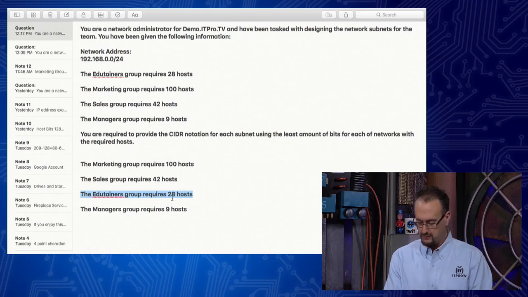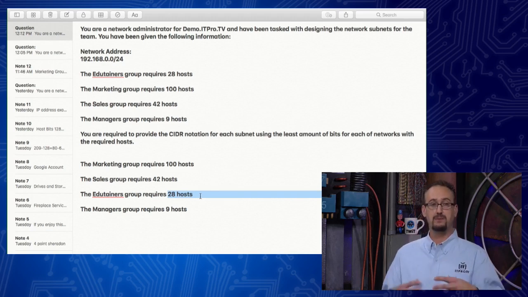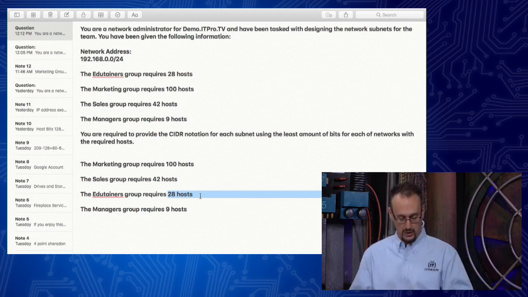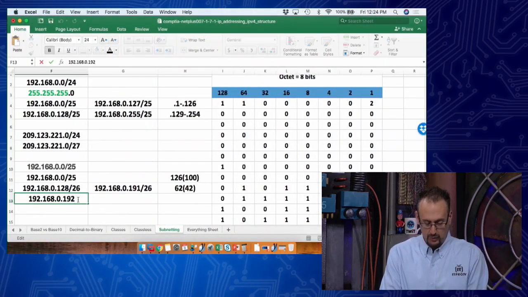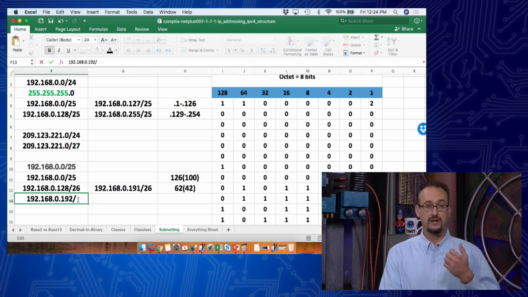Next thing we need to figure out is how many host bits we need if we are going to make a network that needs at least 28 hosts. So let's figure that out. How many bits do I need if I'm going to create a subnet that needs 28 hosts?